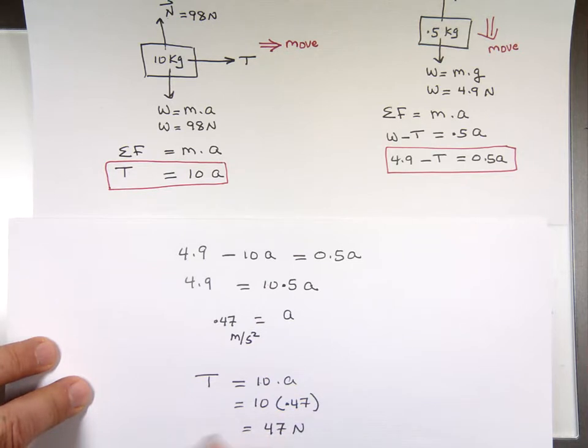So the tension in that string is going to be 4.7 Newton.